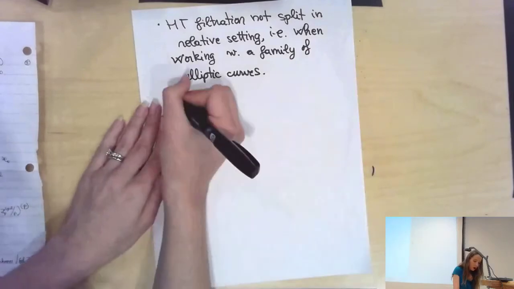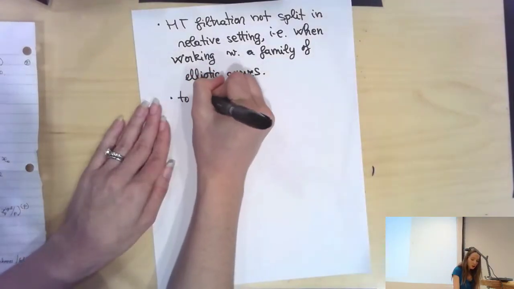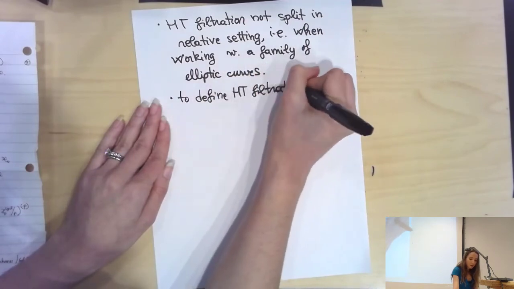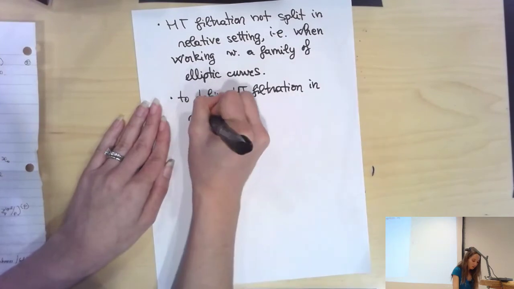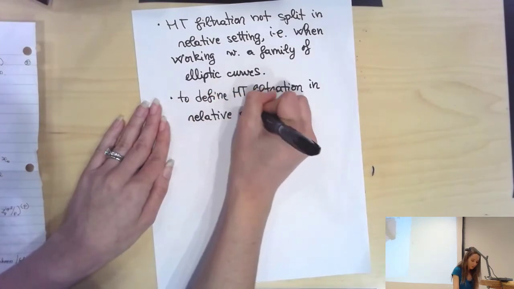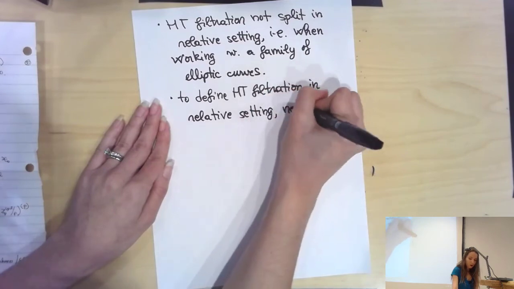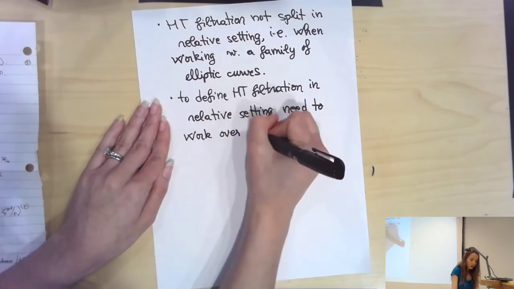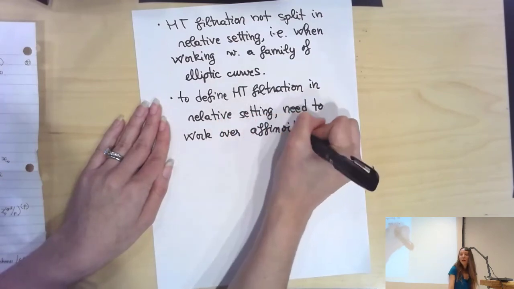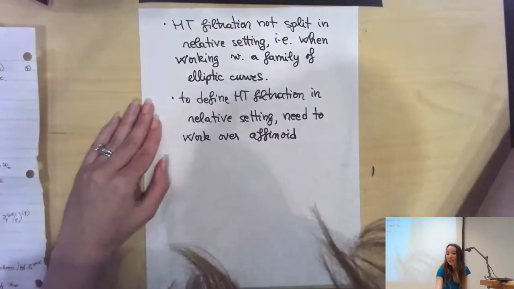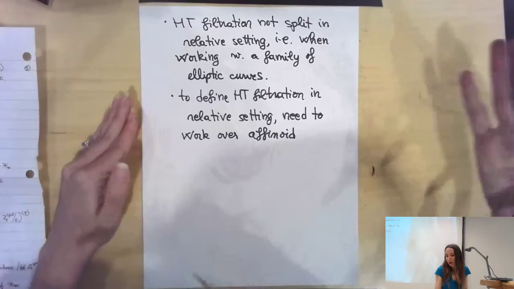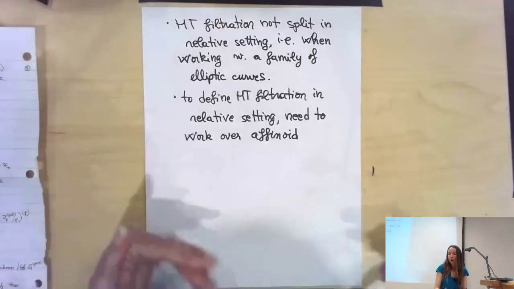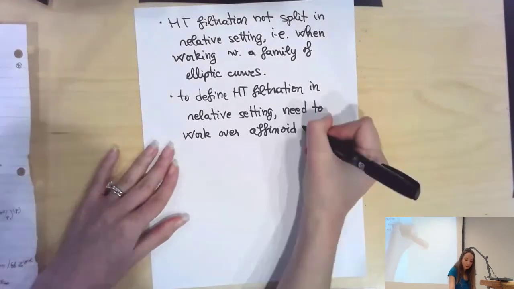And so to define the Hodge-Tate filtration in the relative setting, you need to work over an affinoid perfectoid cover. And you already have a universal elliptic curve at this level, so you can already ask about the relative Hodge-Tate filtration here, but you cannot see it unless you look over an affinoid perfectoid cover.